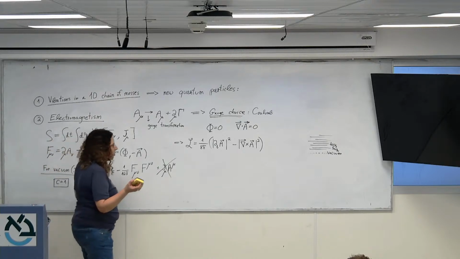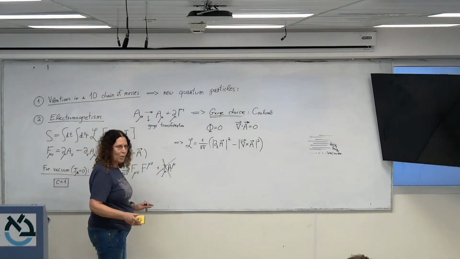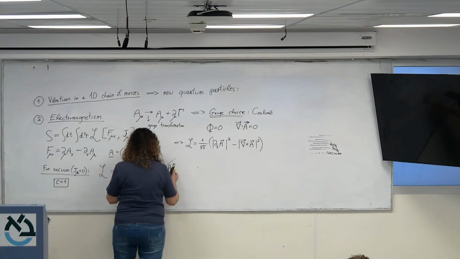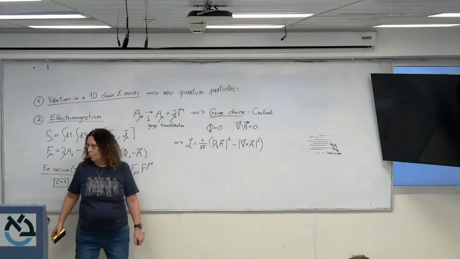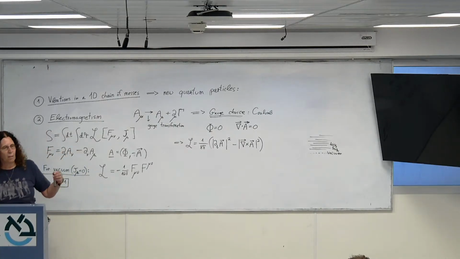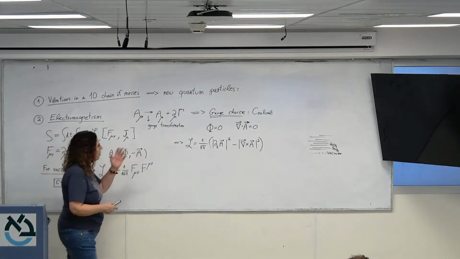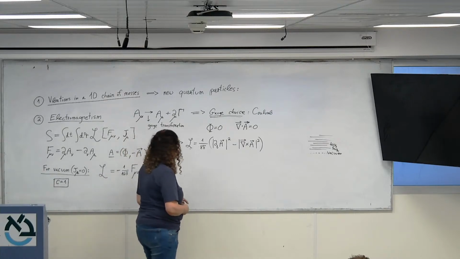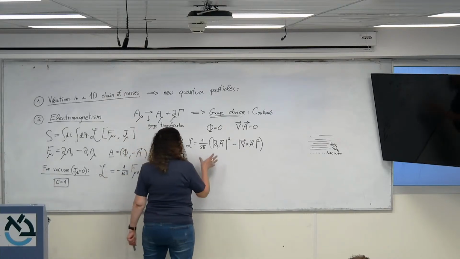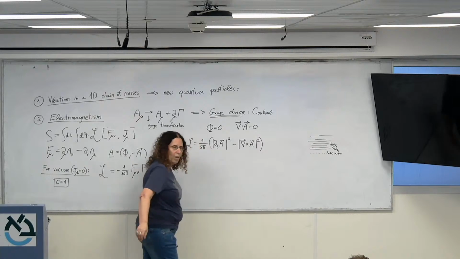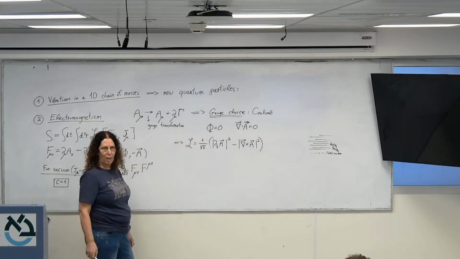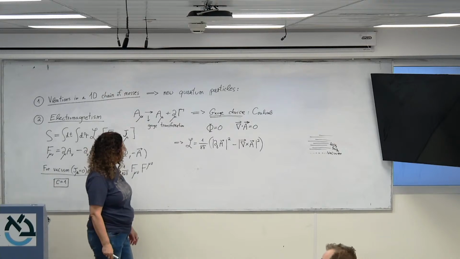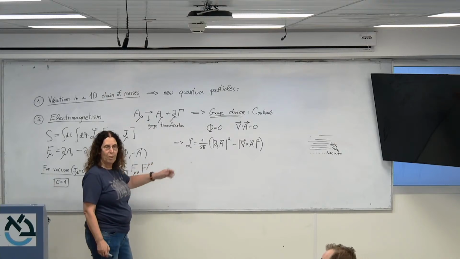Now I want to start from the simplest case and show you how to quantize it and get something that looks very similar to what we got for the mechanics problem. This gauge gives me this form of the Lagrangian, and I think you can easily recognize the physical significance of this expression.